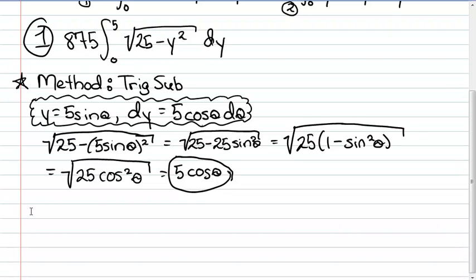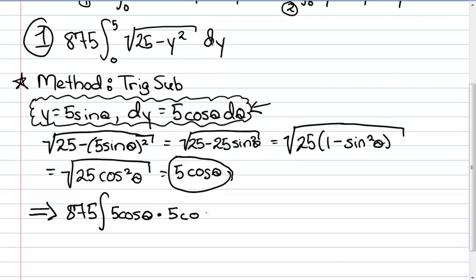Now back to the integral. So we have 875 times the integral. I'm going to ignore the bounds. We'll worry about that towards the end. Anyways, we're going to have 875, the integral of 5 cosine theta times, not forgetting that dy is equal to 5 cosine theta d theta.